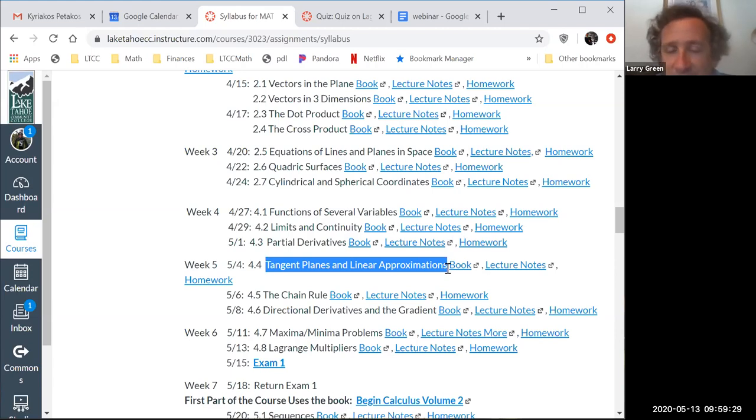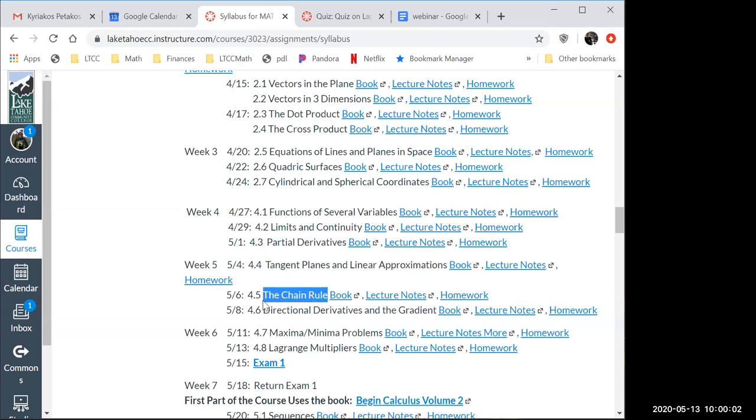And then you just say the gradient dotted with (x minus x naught, y minus y naught, z minus z naught), because that's a vector on the plane, is equal to 0. And then plug into it. Okay, and linear approximations just means get the equation of the tangent plane and then plug in your value of x, y, z, and that'll give you your linear approximation. That's all it is. Any questions on that one?